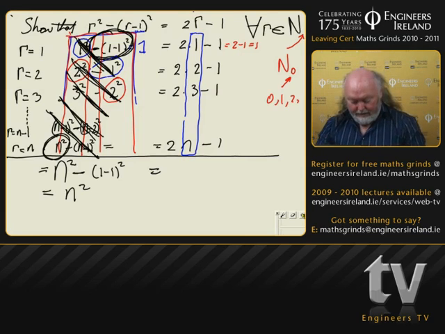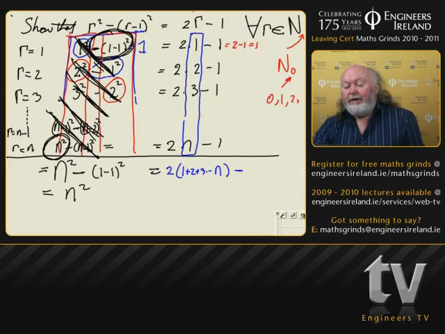Okay? So we can now say that we've got twice all of these numbers, and we've just got a nice constant being taken away every single time. So we have minus n. We have n of these ones being taken away.